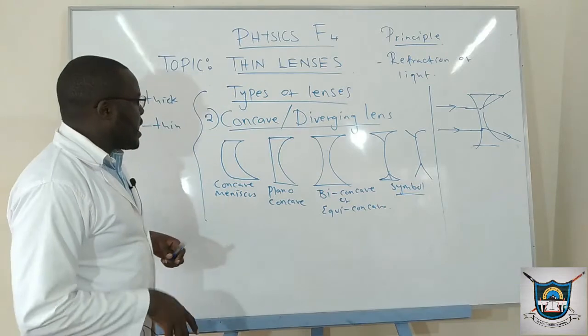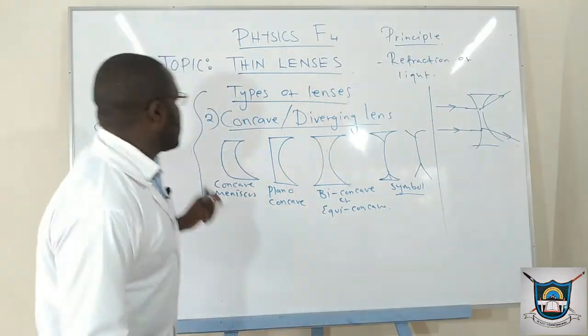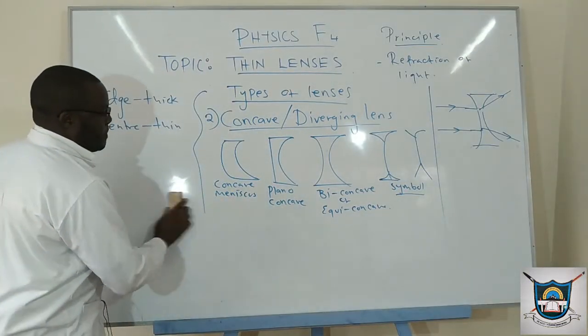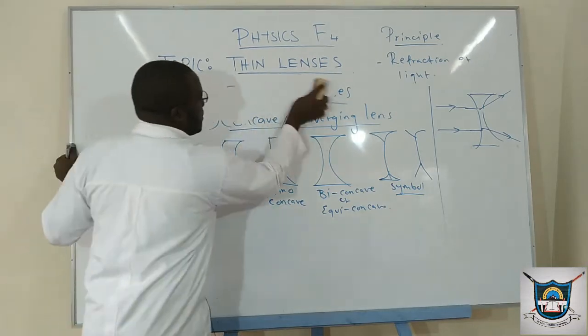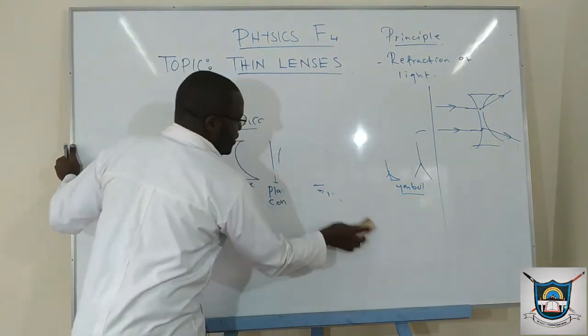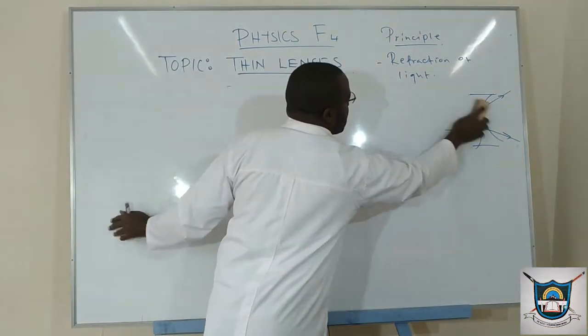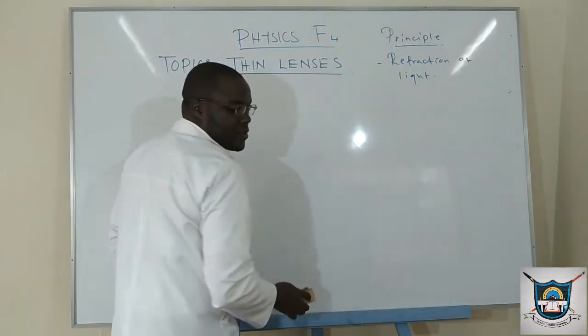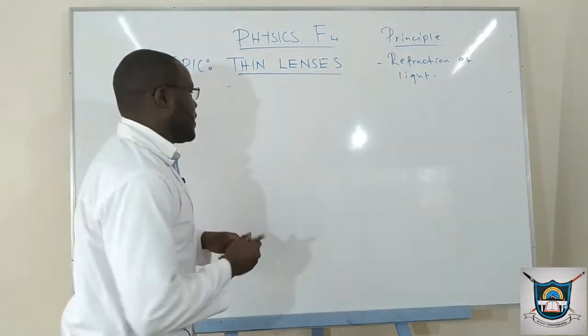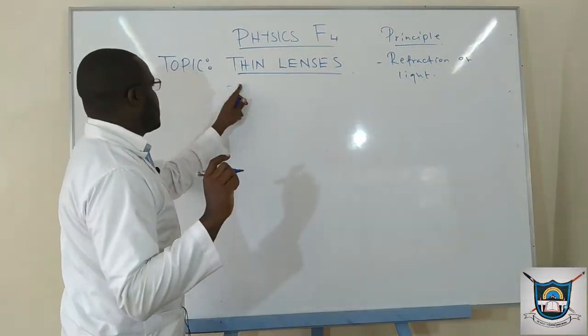Now next, I want to make a small clarification where so many students make a mistake, as we wind up. In Form 2, there's what we call the converging mirror. And today we have also learned a lens can also converge. So let me wind up with this statement.